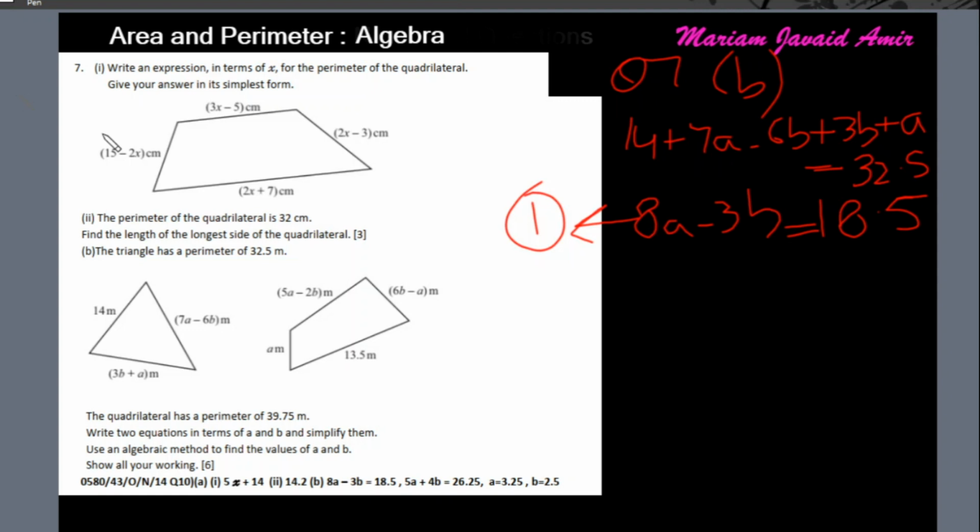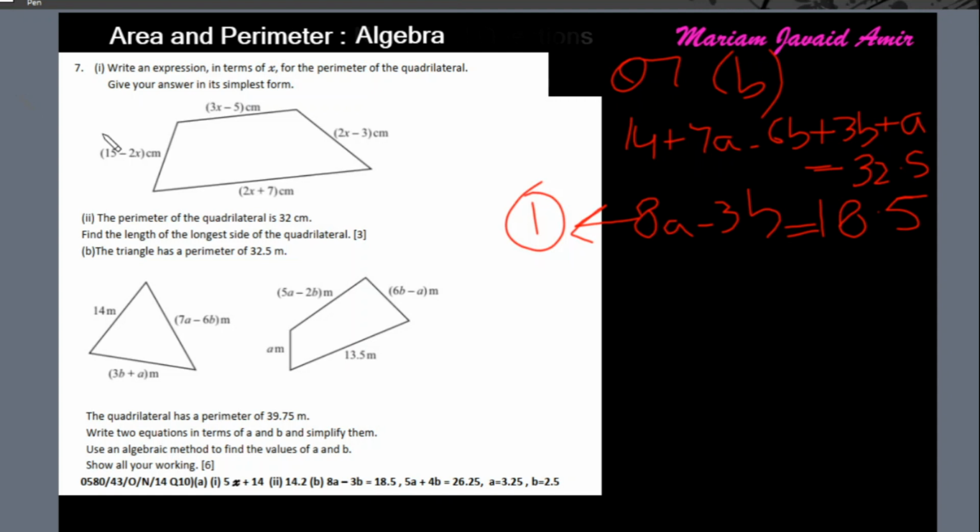So if I multiply this 3 with 4 and this 4 with 3, then I'll get minus 12 in the upper equation and 12 in the lower equation, and then when I add them, b will get eliminated from the equation. So if I'm multiplying 4 here, I have to multiply 4 with each and every value.